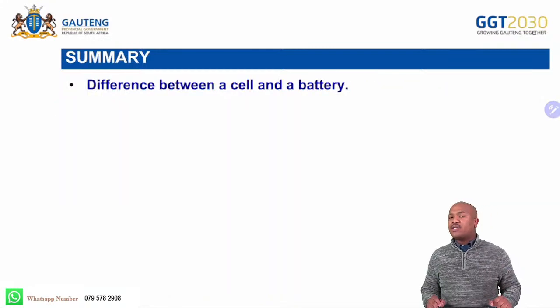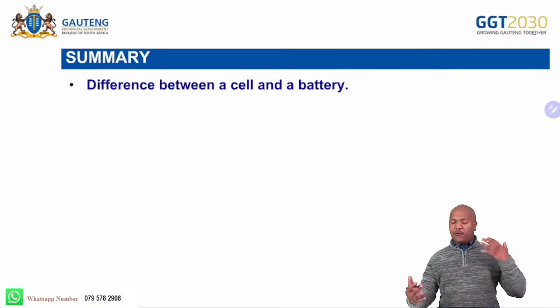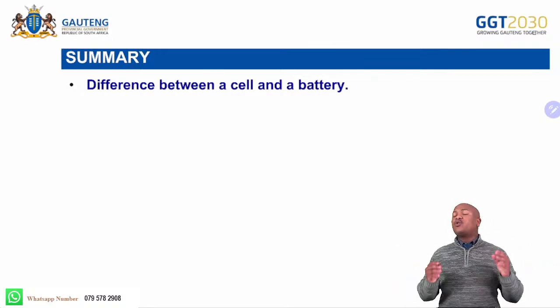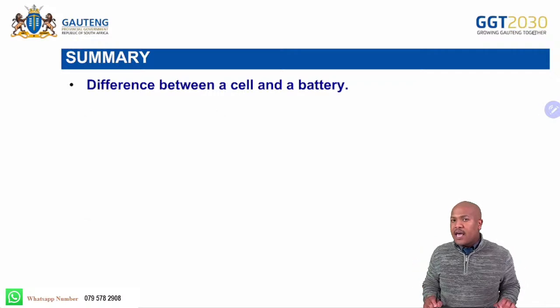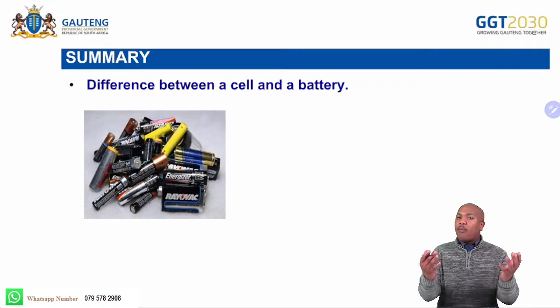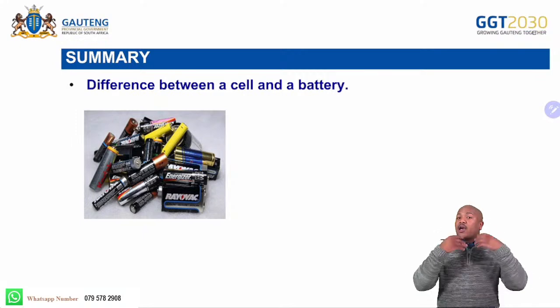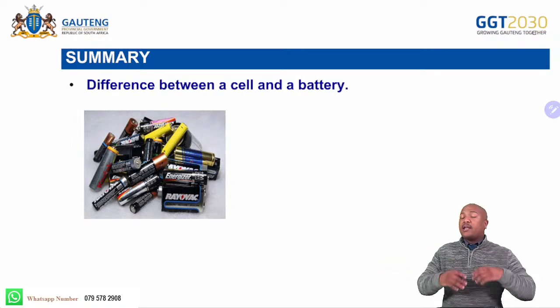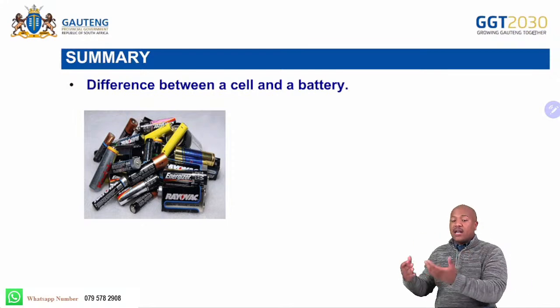Now moving on with our summary. We also talked about the difference between a cell and a battery. What did we say the difference is? Yes, we said that a cell is a component that converts its chemical energy into electrical energy.